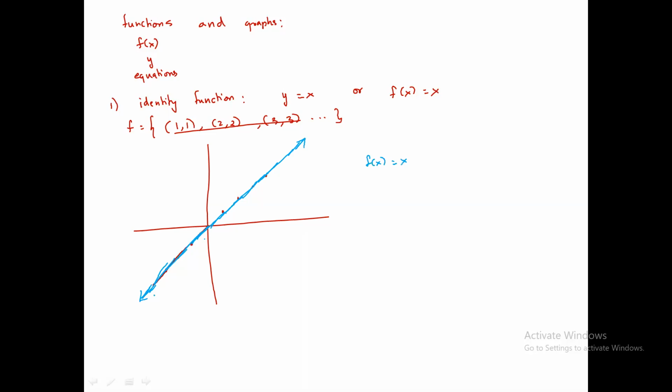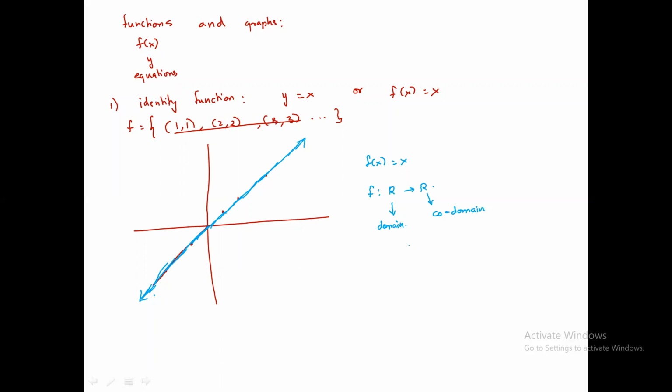Now this is called identity function. And identity function, we will write from set of real numbers to set of real numbers. You can see domain is set of real numbers. Codomain is set of real numbers.